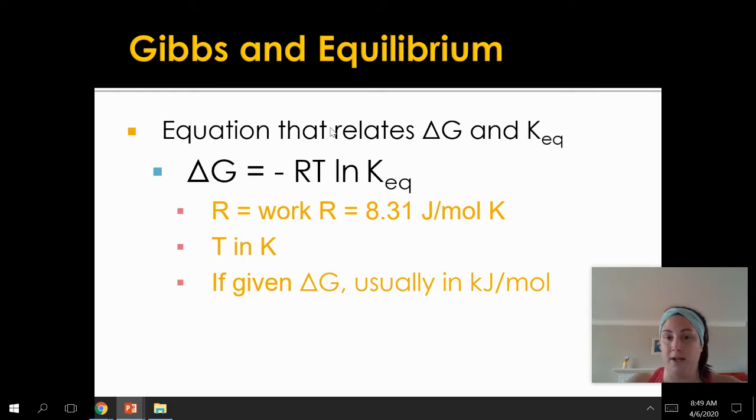The reason I'm highlighting this is because your R is in joules, not kilojoules. So if you were asked to calculate delta G and report it in kilojoules per mole, your final step after using this equation would be dividing by 1,000. On the flip side, if you're given a delta G in kilojoules per mole, before plugging it into this equation you first have to convert it into joules per mole by multiplying by 1,000.